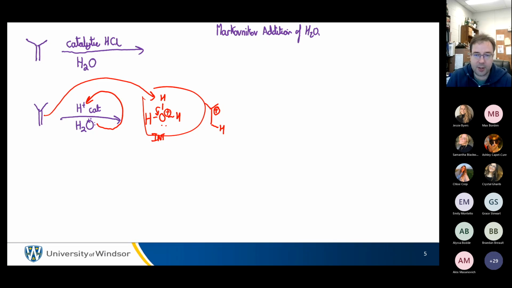Always prefer full octets. Everything having its full octet is the number one most important thing you can have. So that's why the O plus there is more stable, because it's a full octet O plus versus a not full octet C plus. But, you know, it can react. It can go backwards. This is reversible, but it can react. Okay. What happens now?